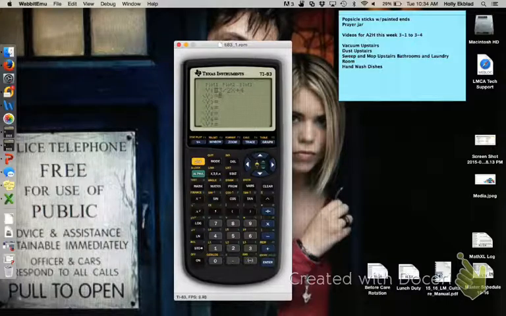And then in the other one, I'm going to put negative 1/2 x minus 4.